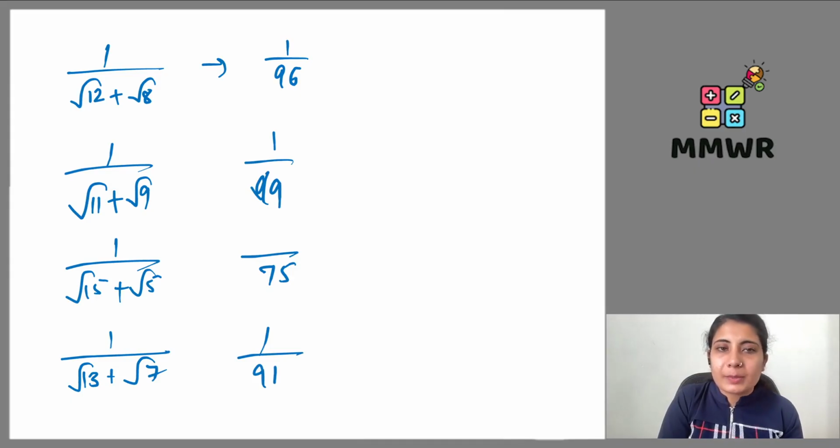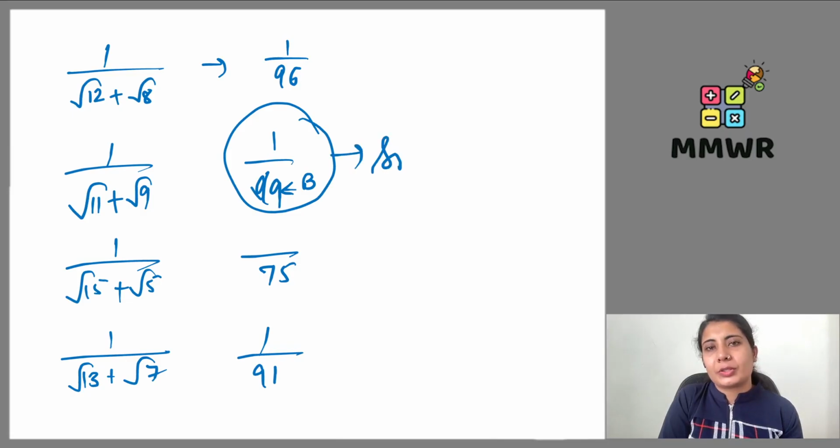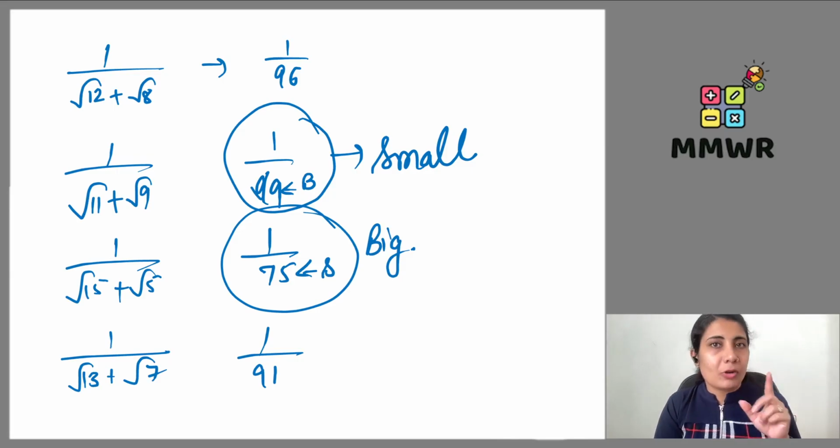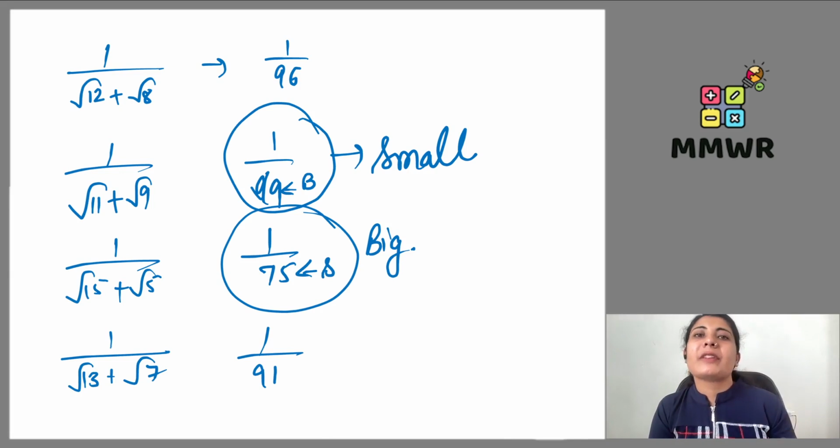So of course this is the big number. ये बड़ा नंबर है तो फ्रैक्शन छोटा हो जाएगा क्योंकि ये 1 के अपॉन में आ रहा है. And this is the smaller one, so fraction will be the big one. Number is smaller among all four, 96, 99, 75 and 91. 75 is the small number, but 1 upon 75 should be the big number.